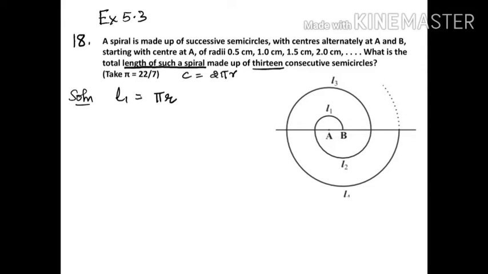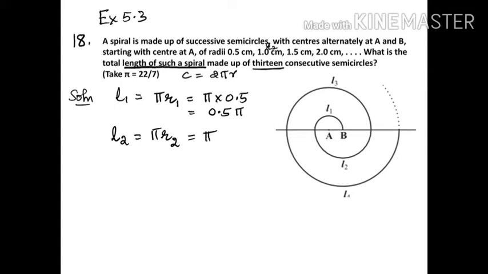The first semicircle is drawn taking A as the center and radius 0.5. So the length of the first semicircle will be pi into 0.5. We will keep this number in terms of pi. Let's denote the radius of the first semicircle by r1. So the length of the second semicircle will be pi r2, where the radius of the second semicircle is 1 centimeter.